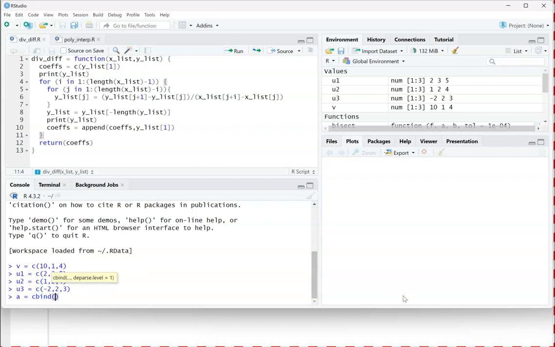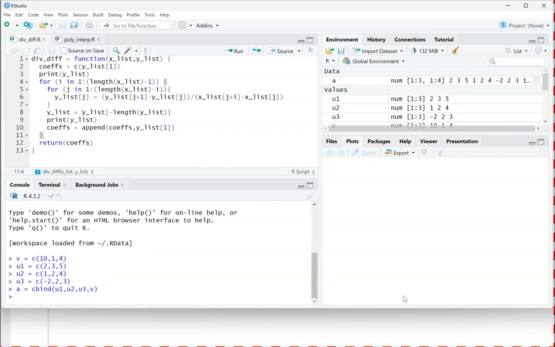It'll bind them as columns and make a matrix out of it: U1, U2, U3, and V. I can just do them as columns. It makes it a little easier to type that matrix in than having to type one big long list of all the numbers, right? And it also illustrates what's going on.